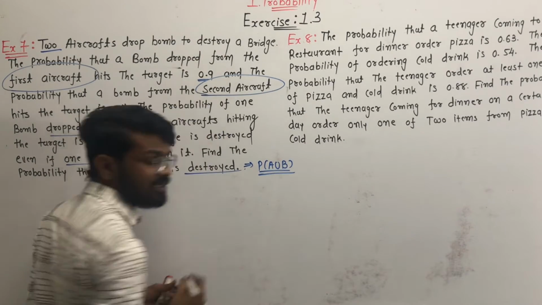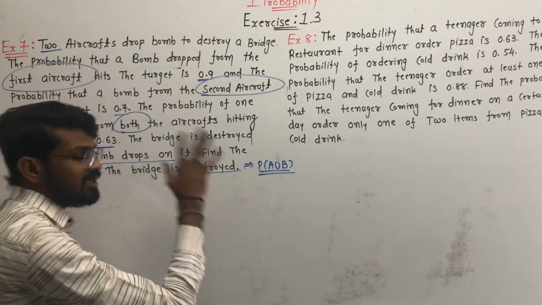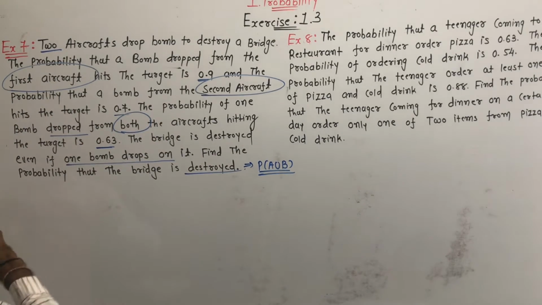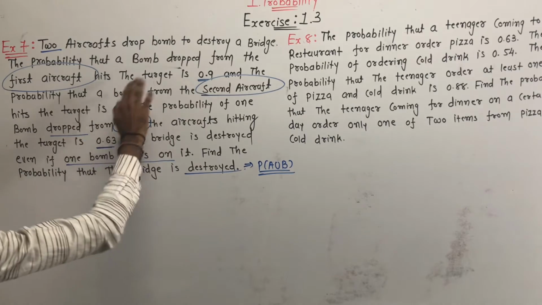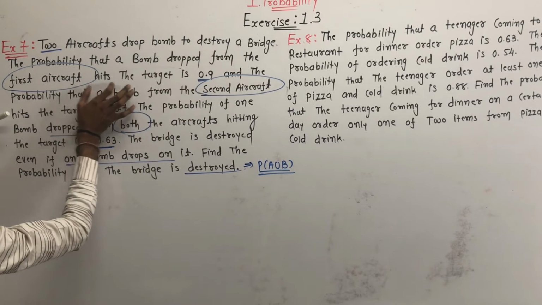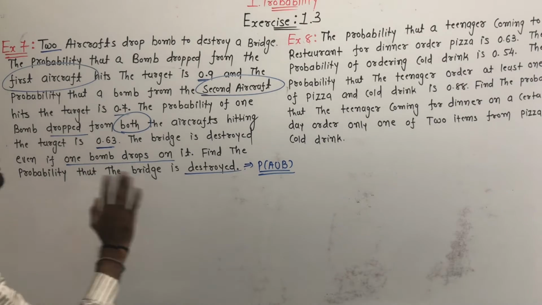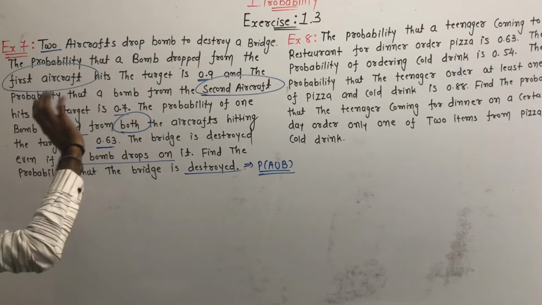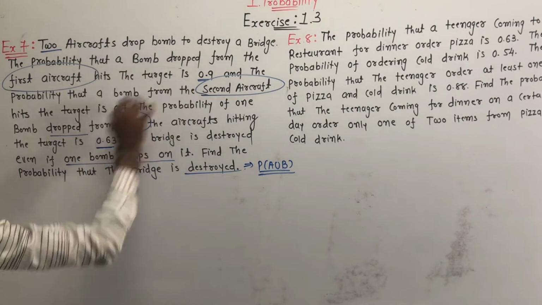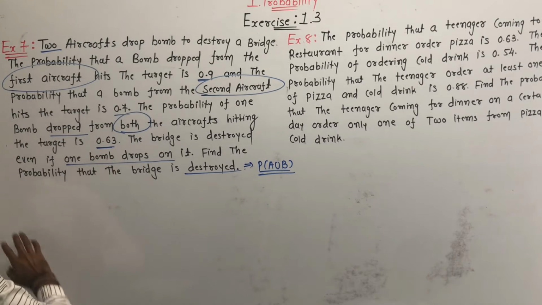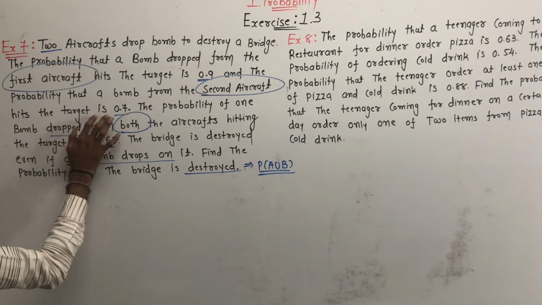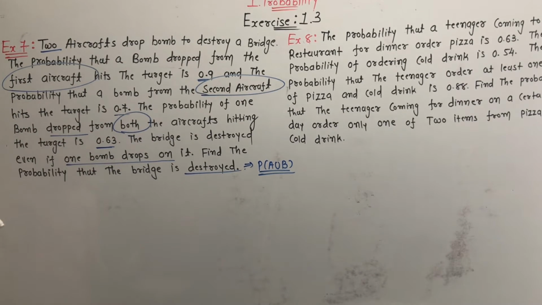Yes, clear? Why? Suppose event A is that the bomb dropped from the first aircraft hits the target. Yes, the bomb is dropped from the first aircraft and it hits the target. And the second event, event B, is that the bomb from the second aircraft hits the target, 0.7.